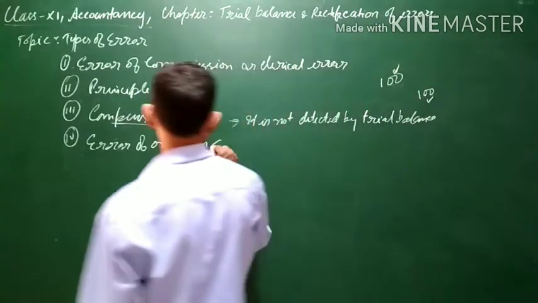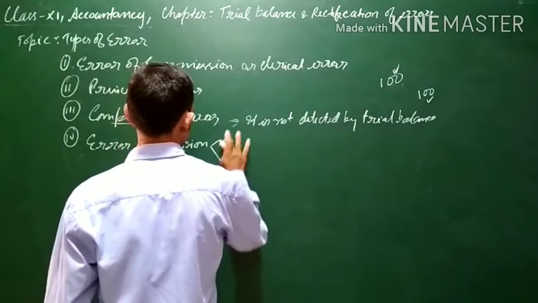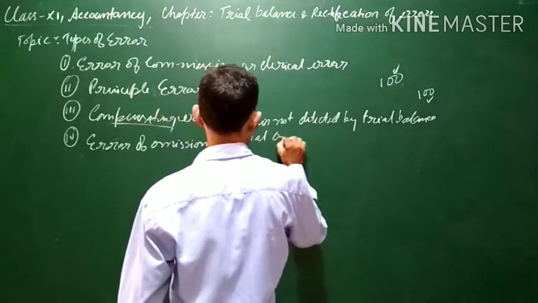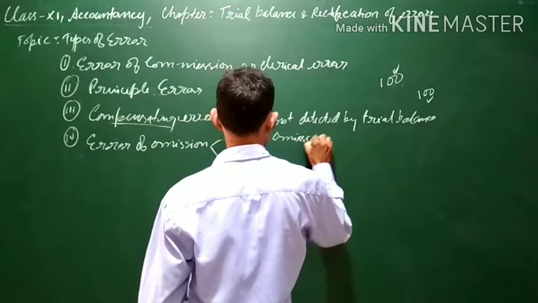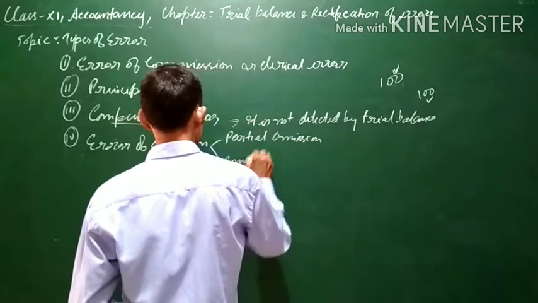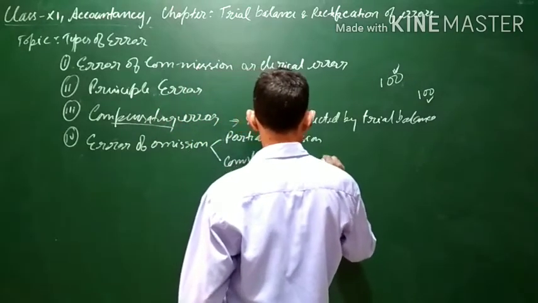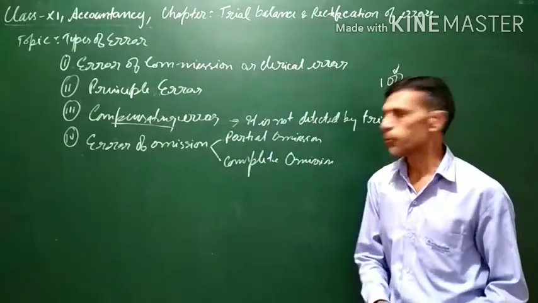That is why it is of 2 types: partial omission and complete omission.